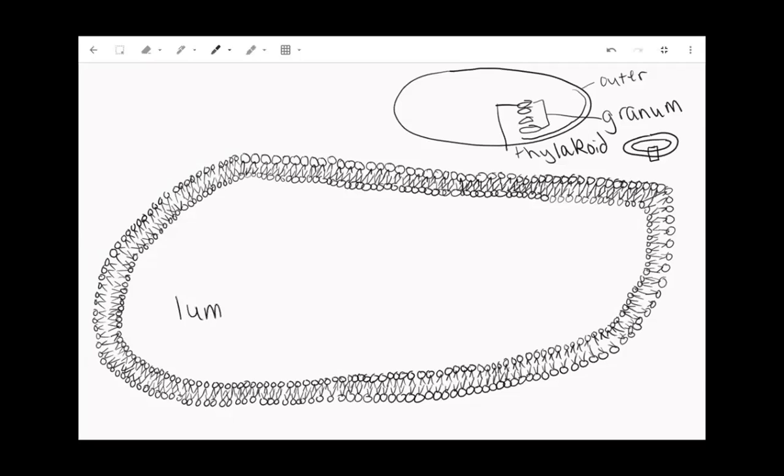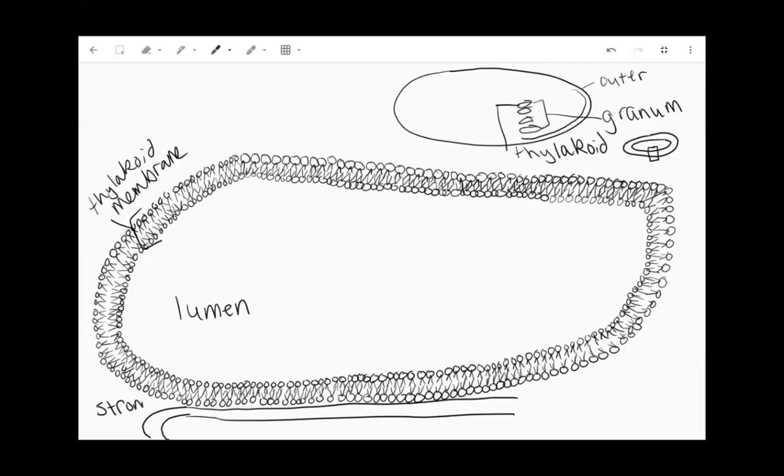Inside my thylakoid, that space is referred to as the lumen. So this is that thylakoid membrane. And then outside my lumen, down here, we're looking at the other thylakoid right abutted along with this one.